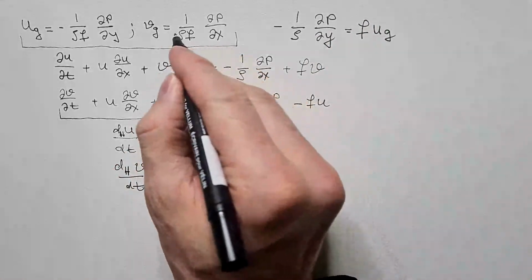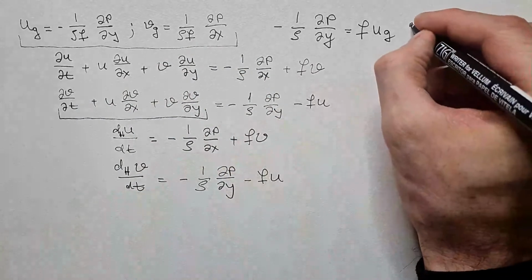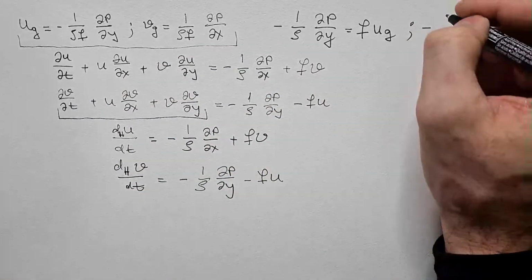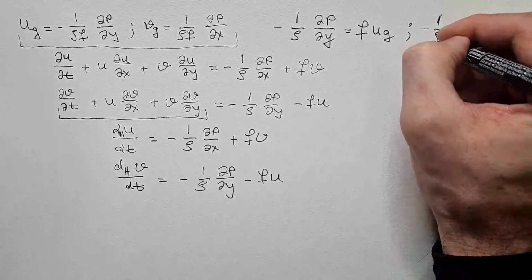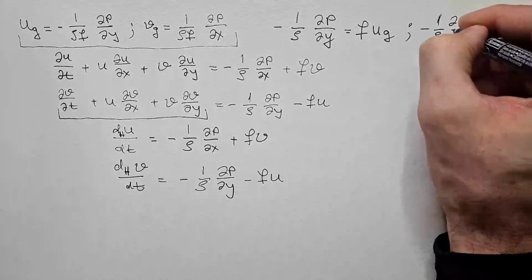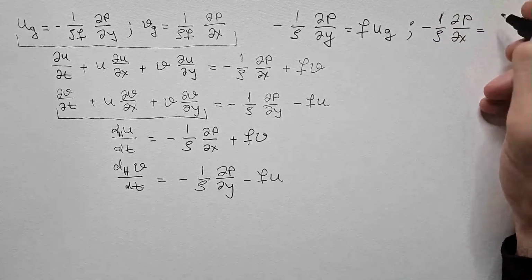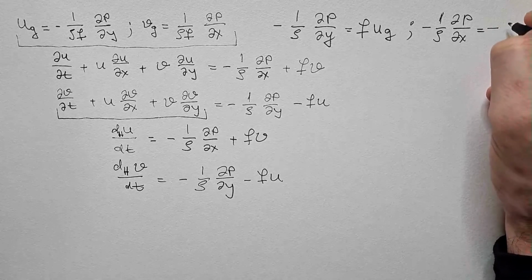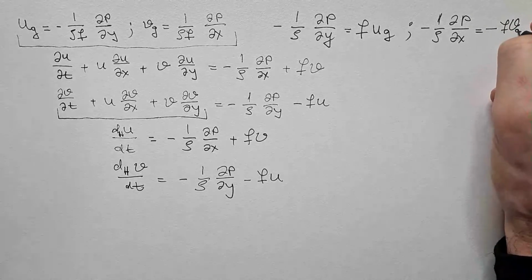And from this one, I can see that negative 1 over rho ∂p/∂x is equal to negative f v_g.